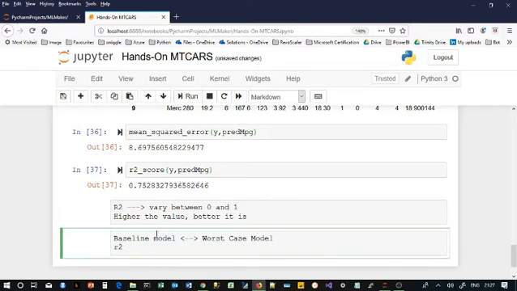In a very simple sense, R square is nothing but 1 minus the variance calculated on your data with respect to the regression line, which is nothing but your mean squared error, divided by the variance with respect to the mean line.